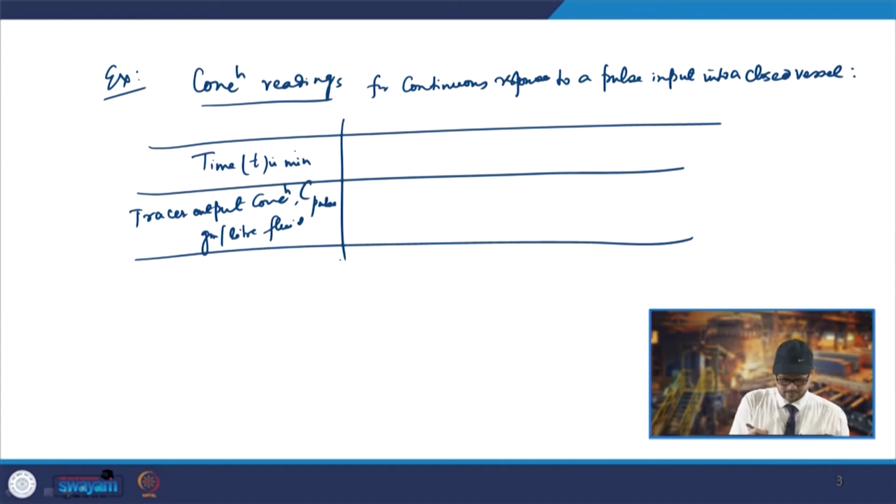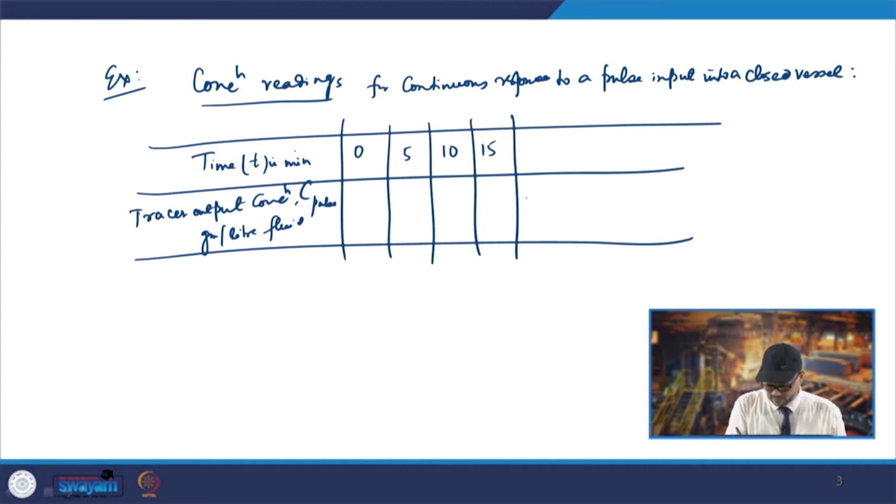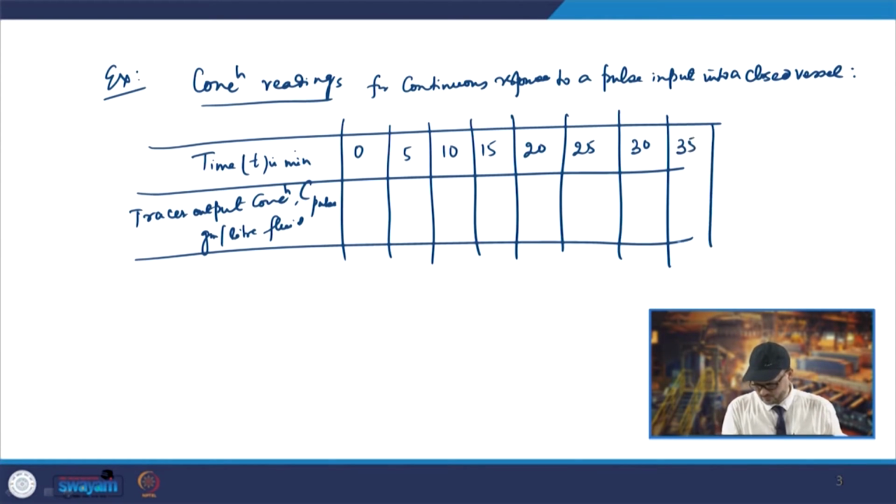Suppose you are taking readings at an interval of 5 minutes: 0, 5, 10, 15, 20, 25, 30 and 35. You are monitoring the tracer output concentration at these times, and the values you get are 0 at time 0, then 3, 5, 5, 4, 2, 1 and 0.